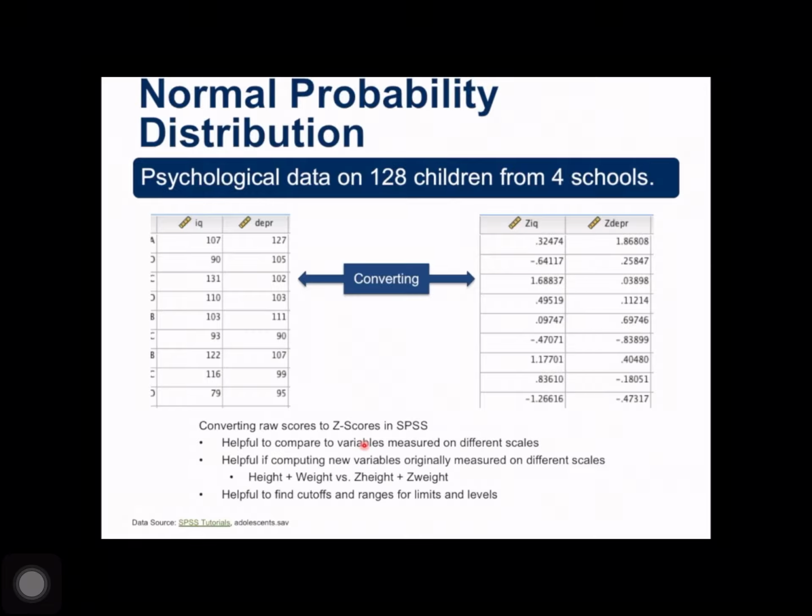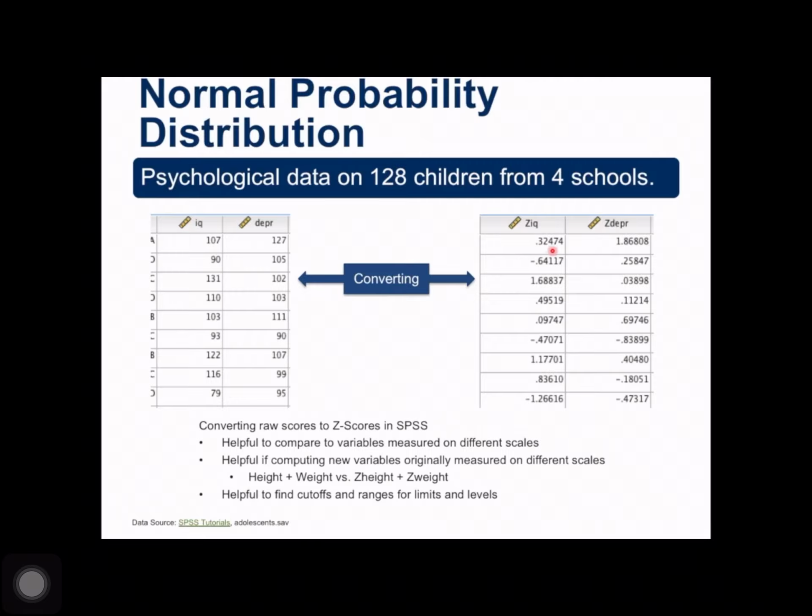SPSS can also very quickly calculate and convert z-scores for you. So I hope nobody is actually going to need to be using a calculator on their own data. There's a demonstration I'll show you in another video. Here is the IQ score 107. It will automatically convert it for you into a z-score.